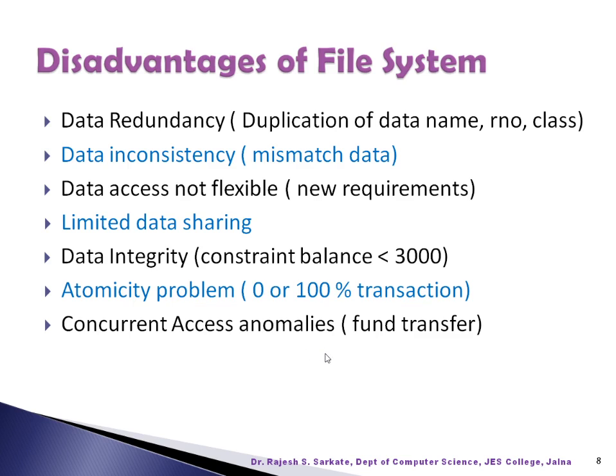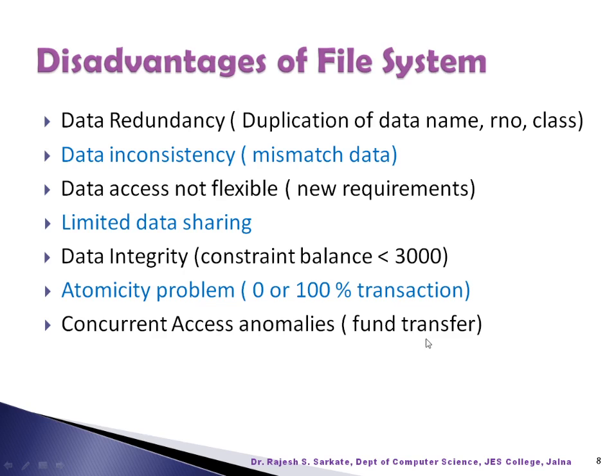Concurrent access anomalies. Concurrent access means multiple users are accessing the same data simultaneously, and then some problems occur, which are called concurrent access anomalies.